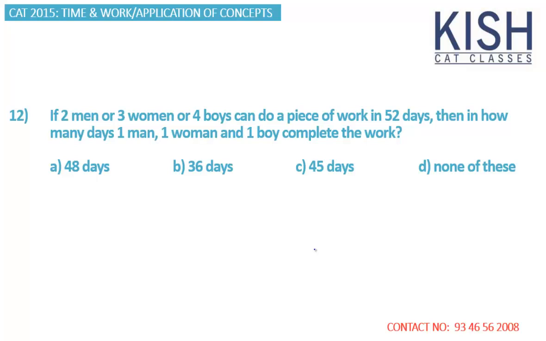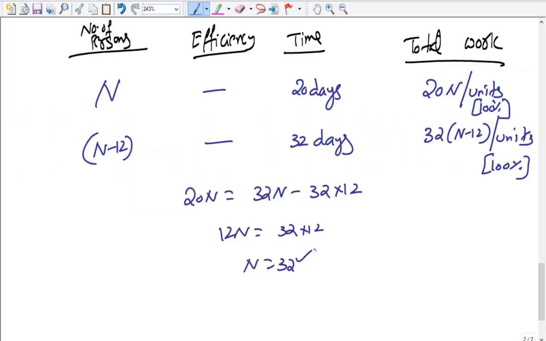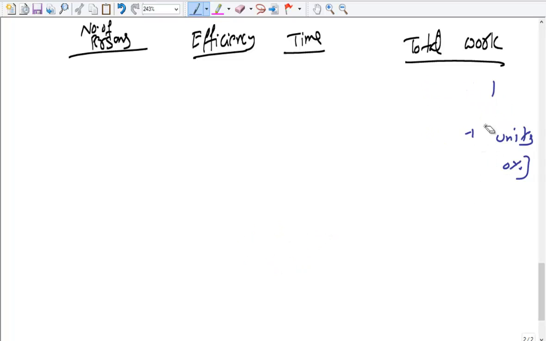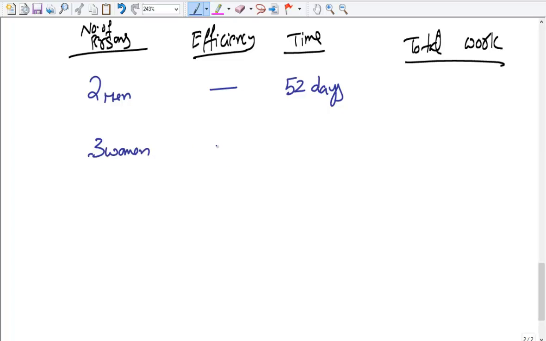We can easily say, efficiency doesn't matter, 2 men take 52 days, 3 women 52 days, and 4 boys 52 days.